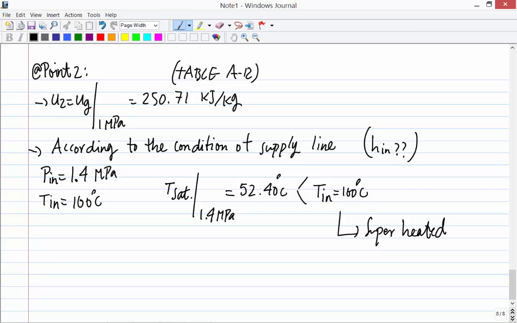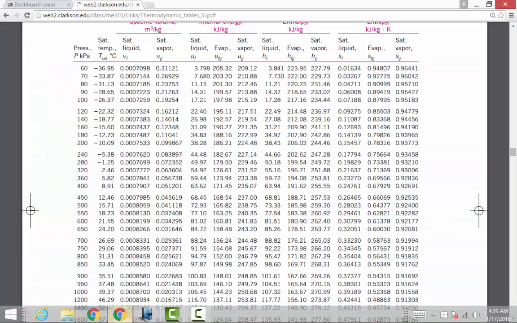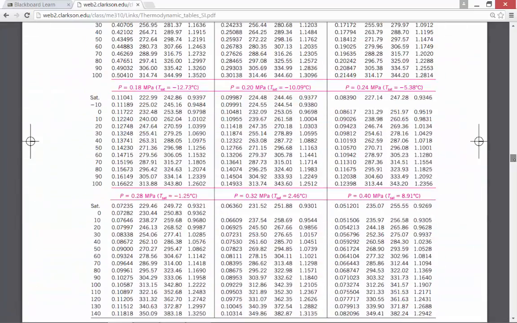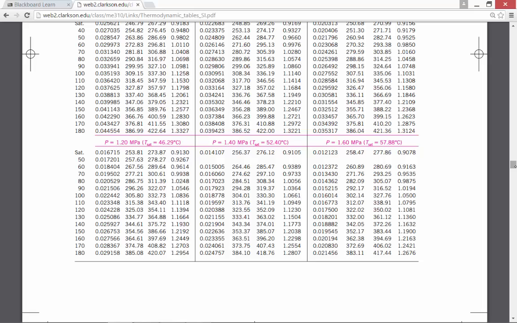And it means that I need to go to table A13, which is the table for superheated refrigerant, at that pressure here.